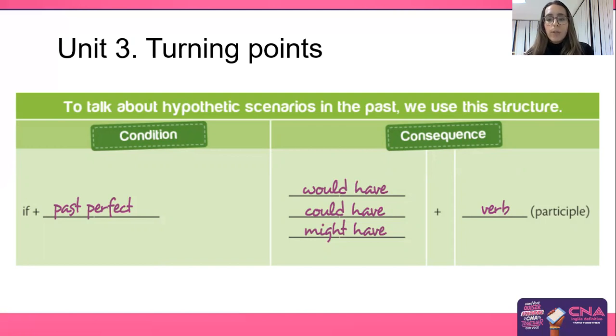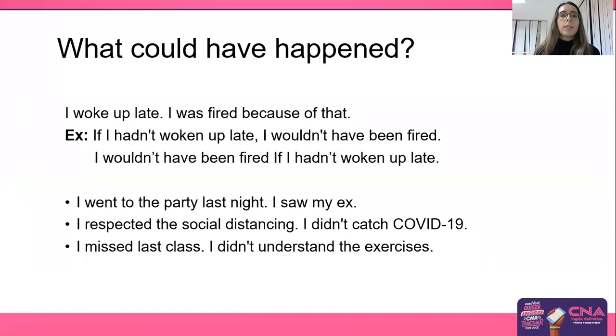Guys, let's try to do an exercise now. Take a look. In the example here, I woke up late. I was fired because of that. So we can say, for example, if I hadn't woken up late, I wouldn't have been fired. Something that could have been different in the past. Or you can say, I wouldn't have been fired if I hadn't woken up late.